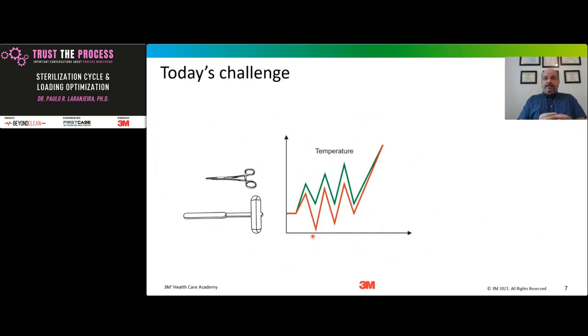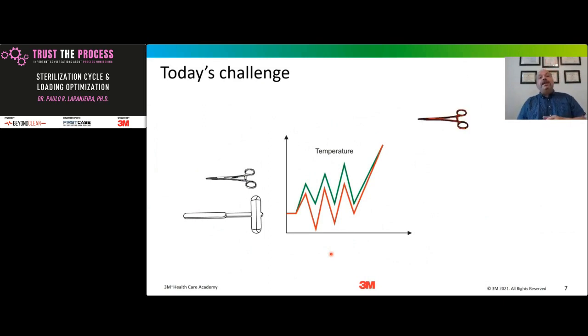That condensate needs to be removed because I cannot have water in my load. So I do another vacuum pulse. That condensate that was formed because of that temperature difference is going to evaporate at the vacuum level, and since I'm doing vacuum with the vacuum pump, it is going to be removed outside of the sterilizer.